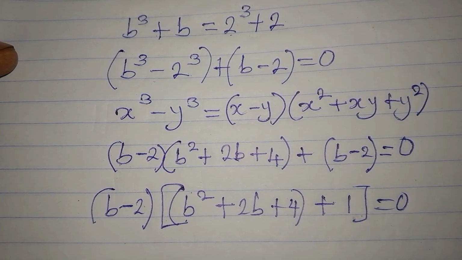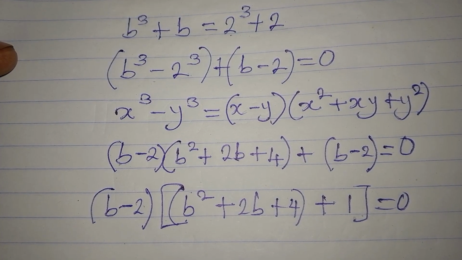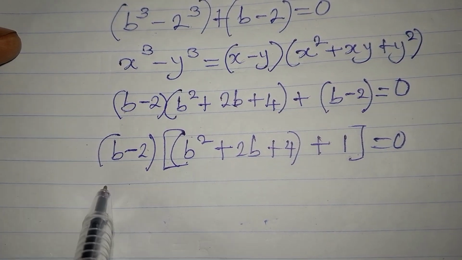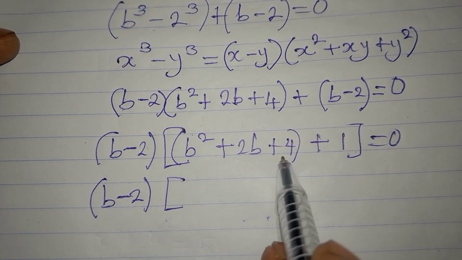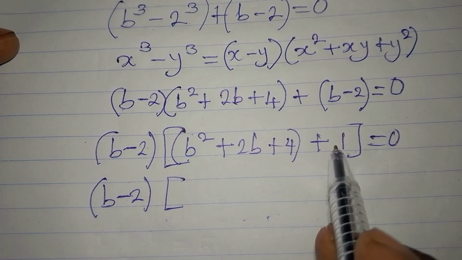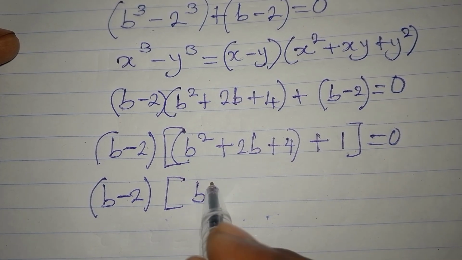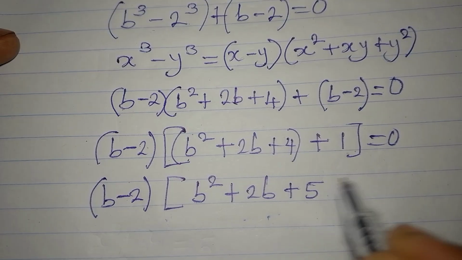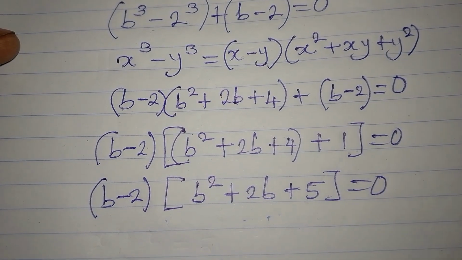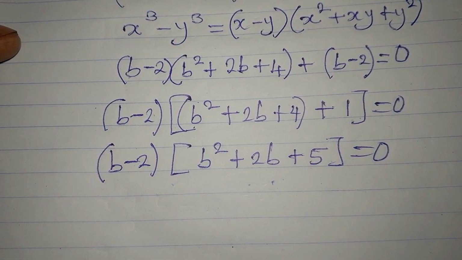Then we close and still equate to 0. Now b minus 2 is a common factor, then we can add these two, 4 and 1, so that here we have b squared plus 2b plus 5, close it, and then we equate to 0.